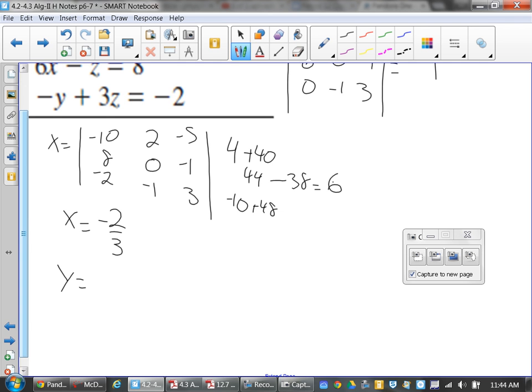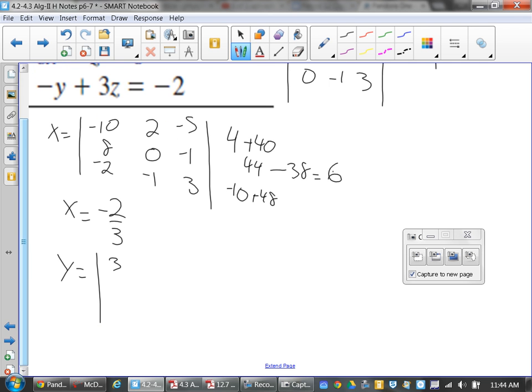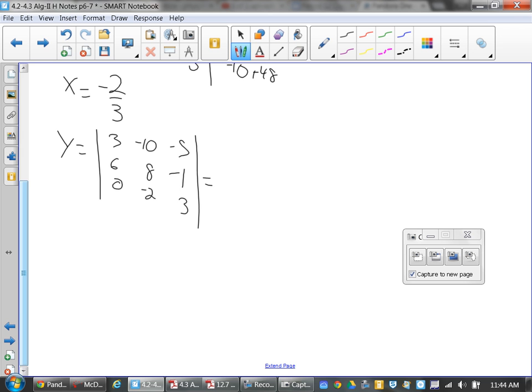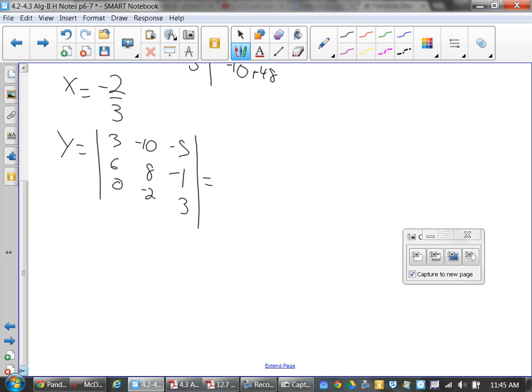Y will be 360, -10, 8, -2. Where's the 38? The upwards, it's 0, 1 times negative 10, 3, 2, and 8. I forgot to put the upward. Yeah, that's bad.